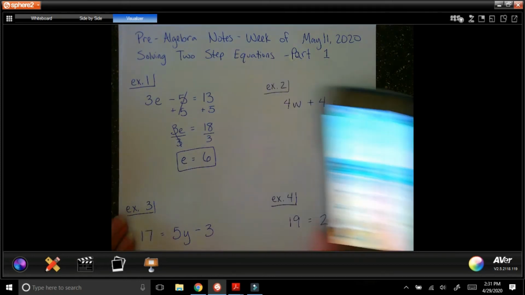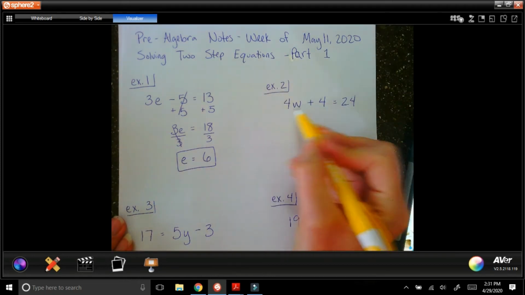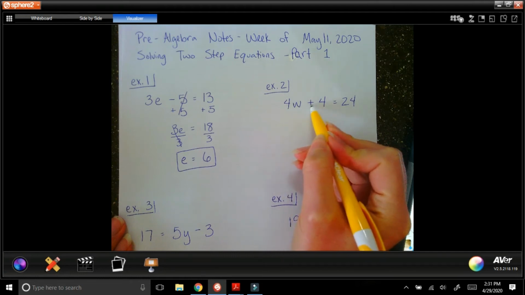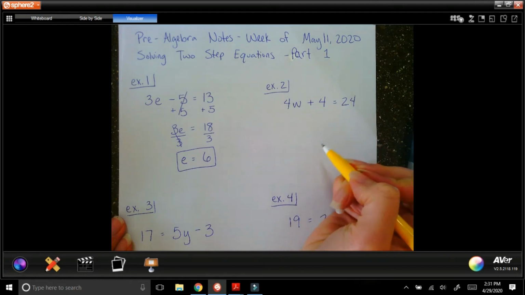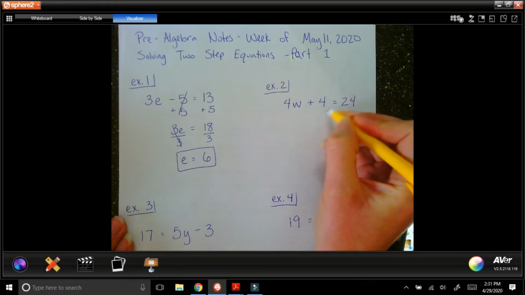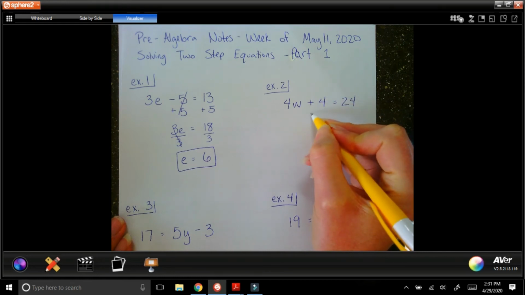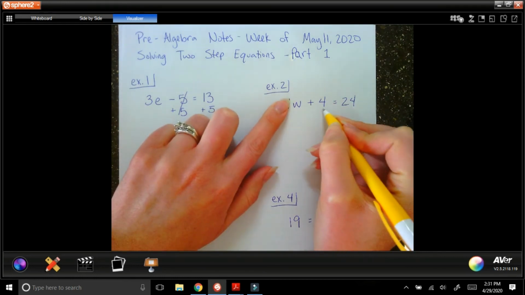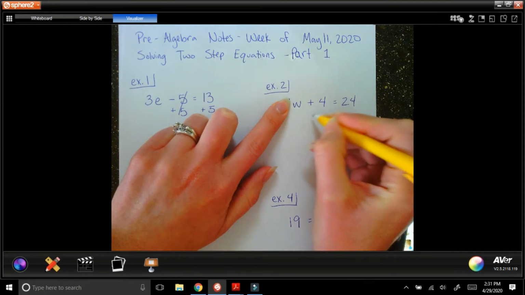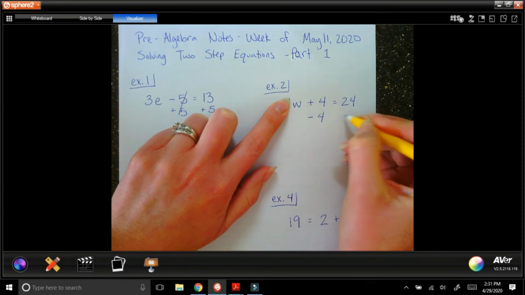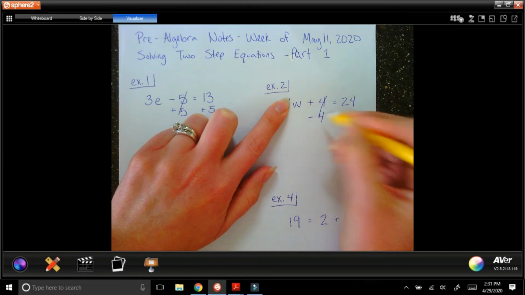You can go back and check all of these when you're done. Okay. For this next one, this is 4 times a number plus 4 equals 24. Make sure you always get rid of whatever's being added or subtracted first. So in this case, because you're adding 4 to some number you don't know, the inverse of that is to subtract 4 to get it to cancel out.